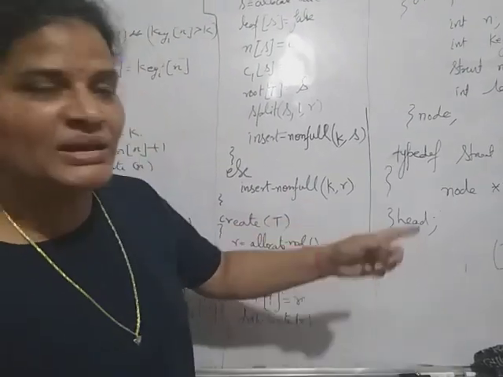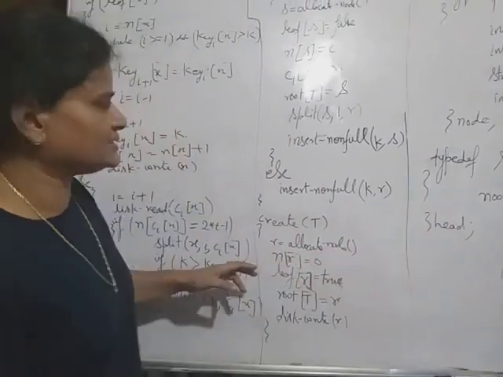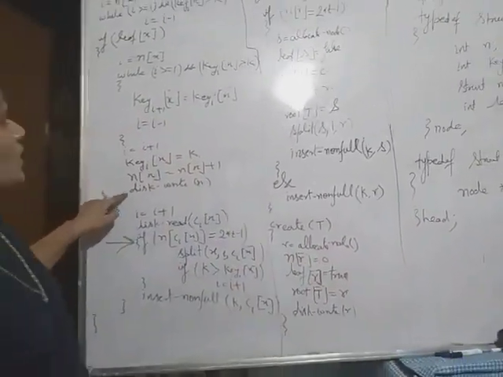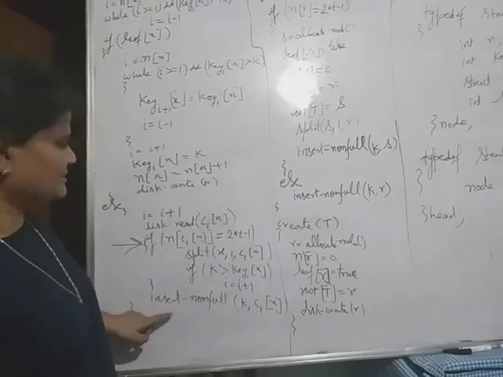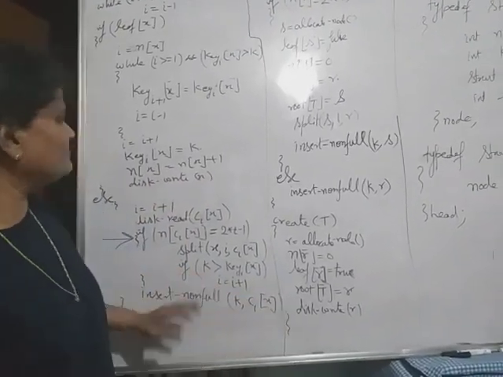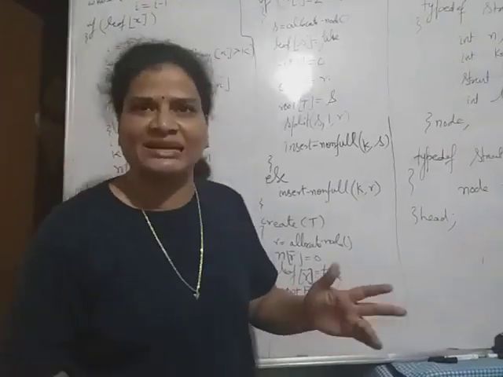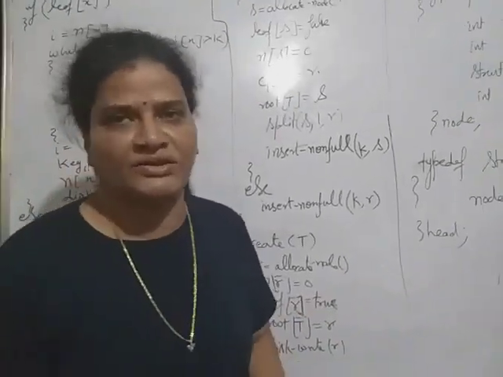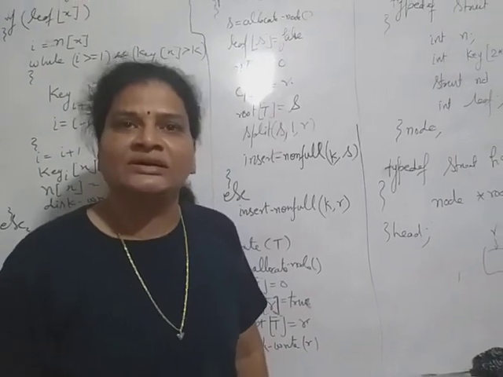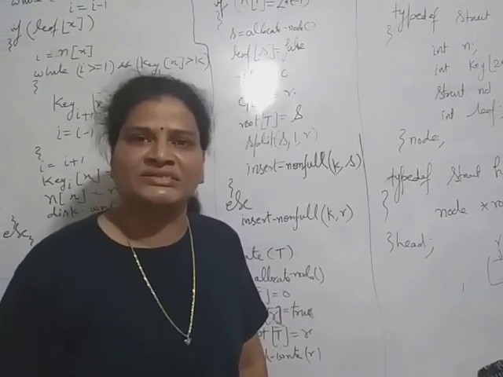So when you implement it in C language or any other language, just remove all the disk write statements. In the split function at the end I have written three statements, disk write x, y, z, so you can remove them. So this is all about the implementation of the insert algorithm.